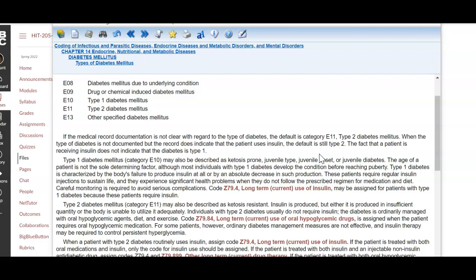Basically, that documentation has to state type 1 for you to code it type 1, or of course type 2 to code it type 2. The fact that a patient is receiving insulin does not indicate that the diabetes is type 1. So this is really an important statement to remember.